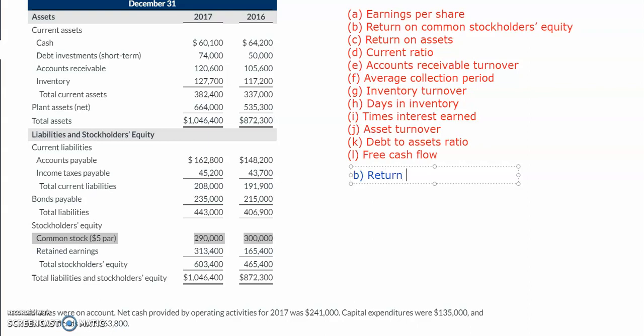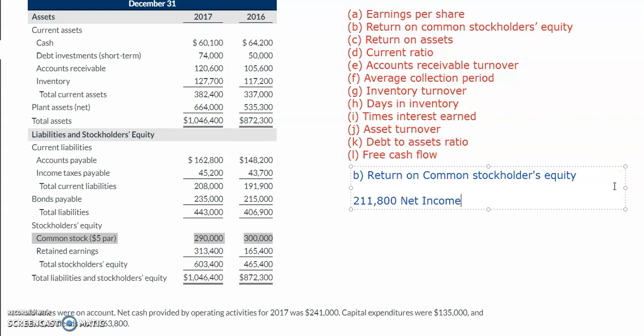So return on common stockholders' equity, which will start kind of similarly. We're going to start off with our net income, which is going to be 211,800.